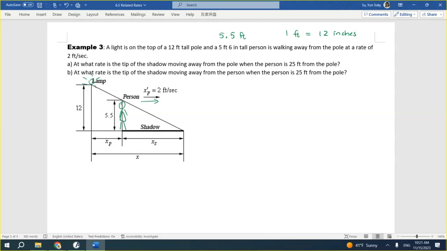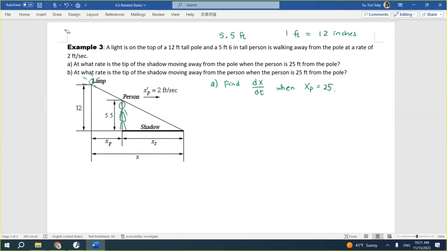So part A, we are looking for dx/dt when the person is 25 feet from the pole, when the xp is 25. Right, everybody?